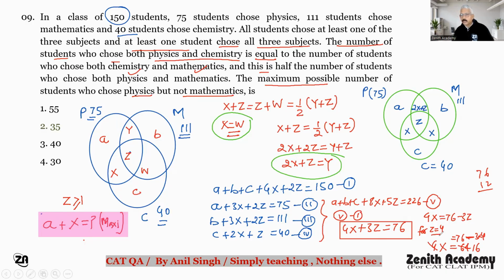Means for z is equal to 4, x will be 16. Let's write this a little more clearly here. z is equal to 4 and x is coming 16.